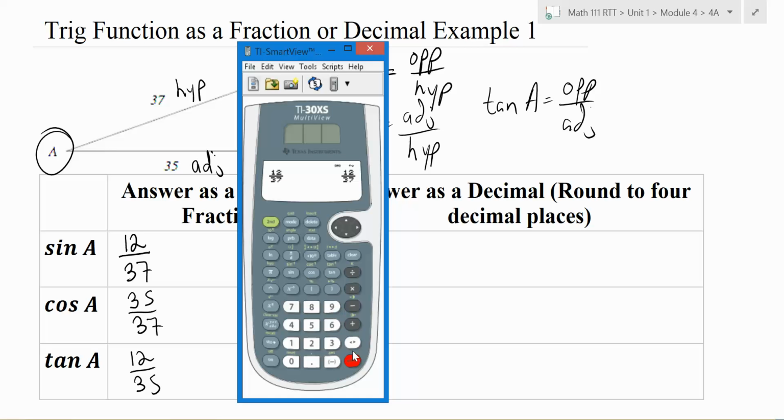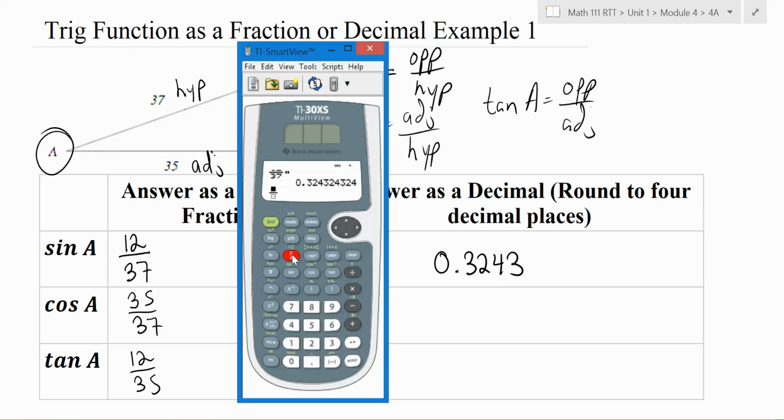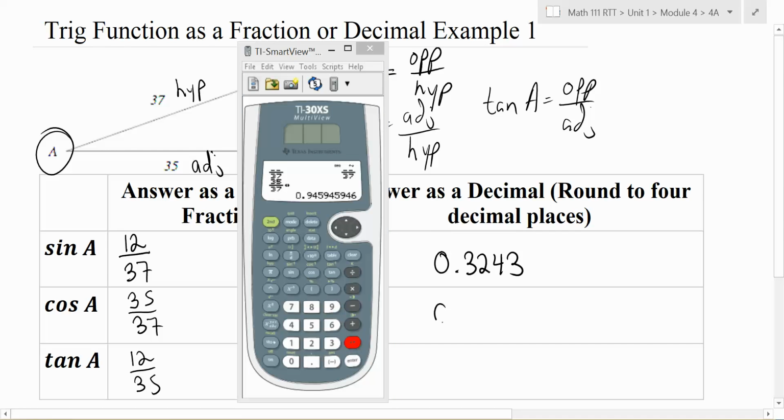It doesn't simplify any further, so we're going to just hit the fraction to decimal button right above enter, and we're going to see that this is 0.3243. We can then move on to the cosine, which was 35/37. This also doesn't simplify, so we'll turn it into a decimal, and we'll get 0.9459.